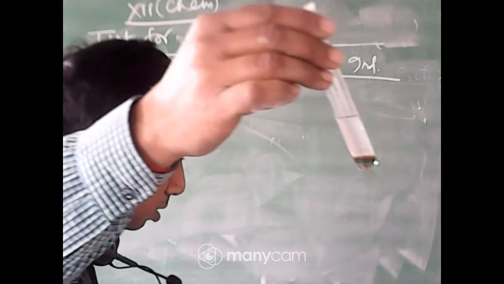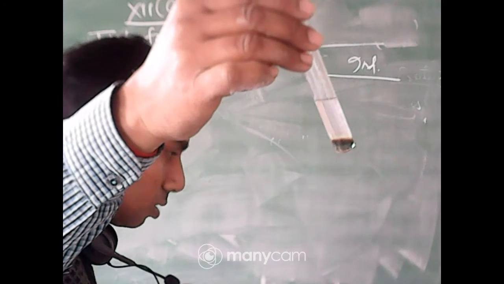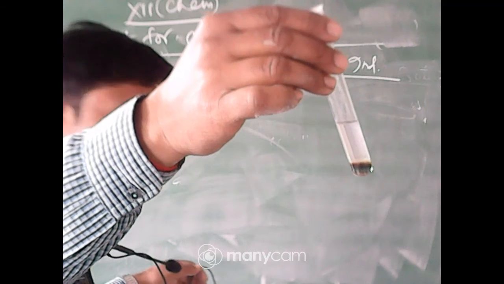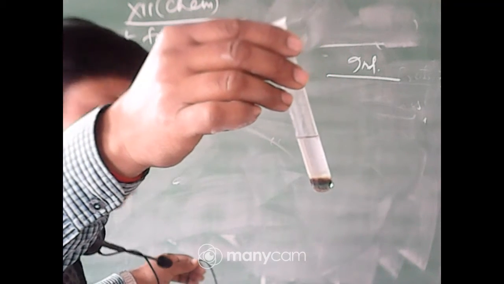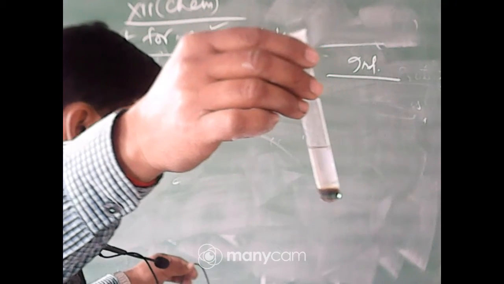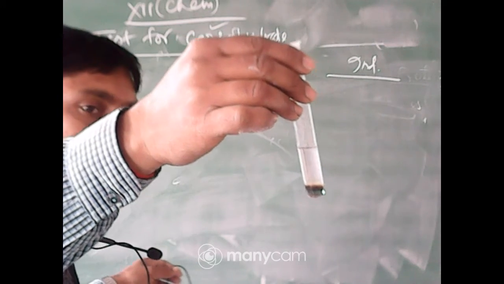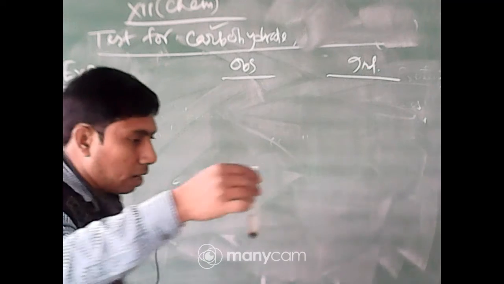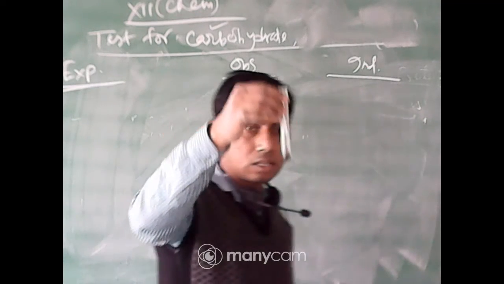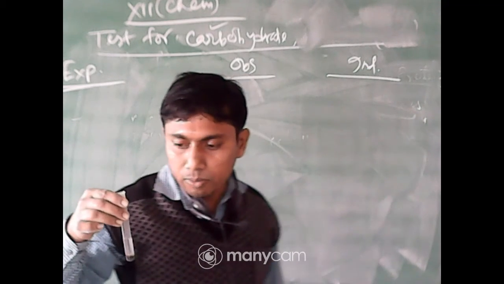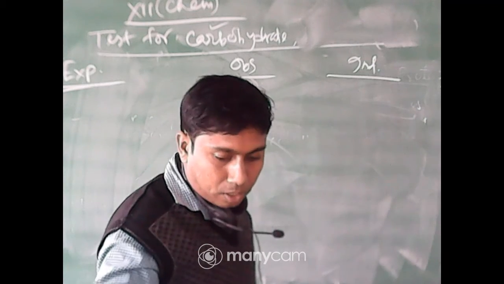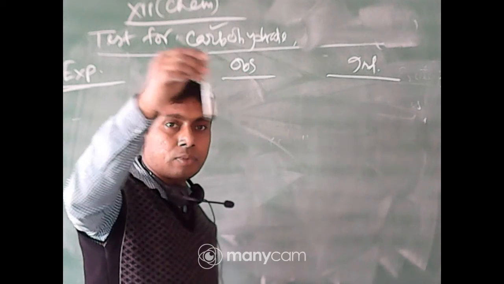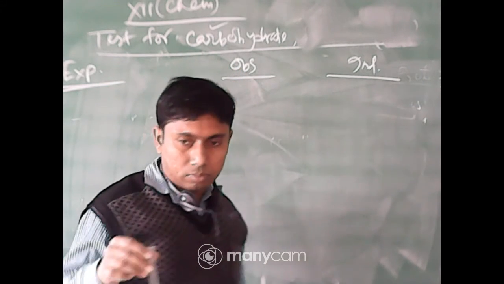Just check it. So this is one test to detect carbohydrate. Glucose, fructose, starch, all respond to this test. This violet color appears at the junction of the two liquids, just like the ring test.